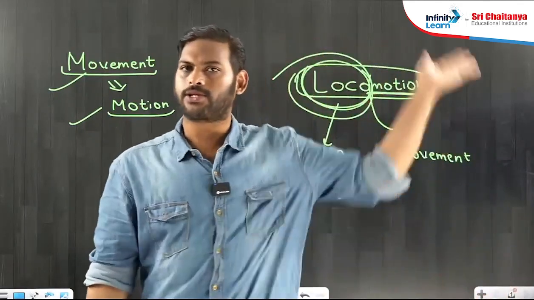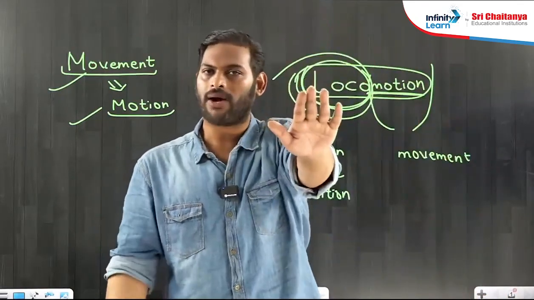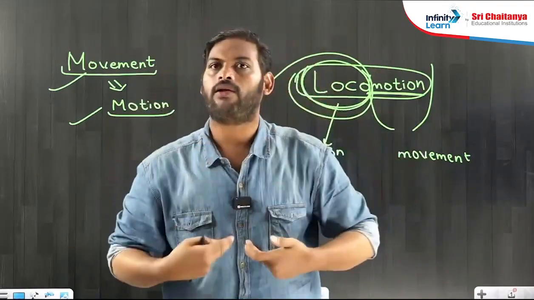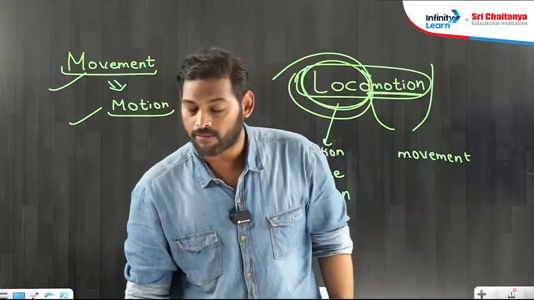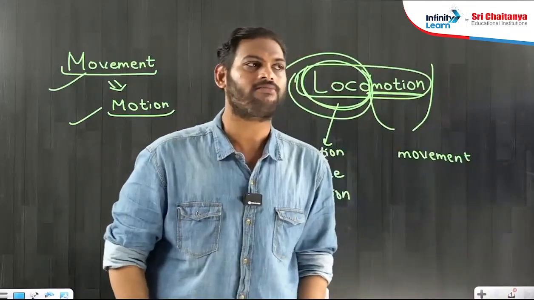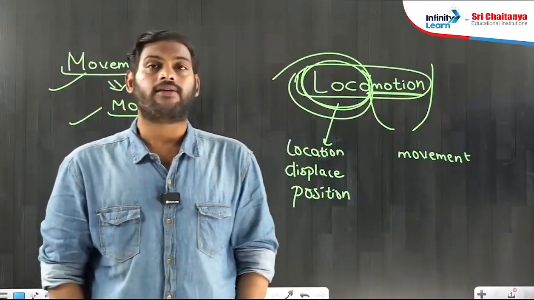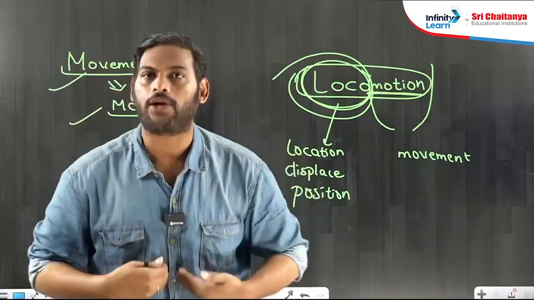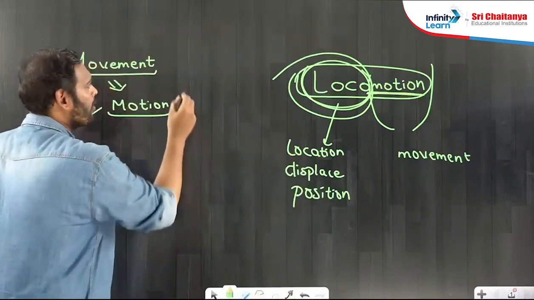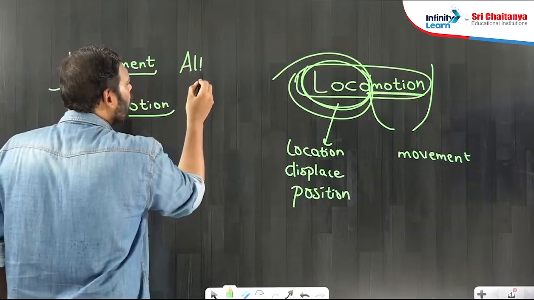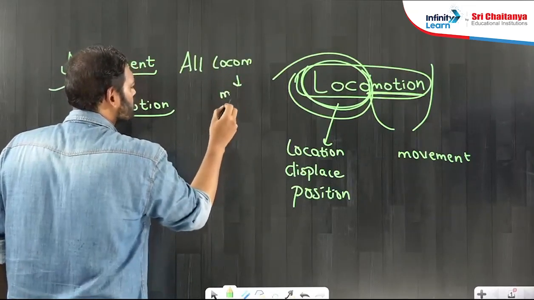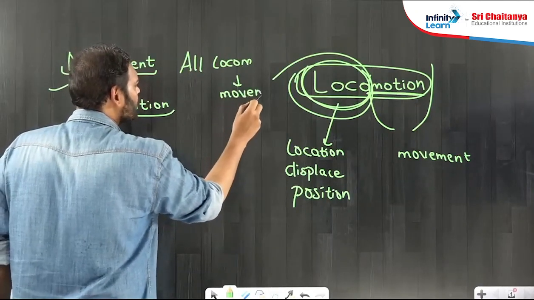See, just a movement, but this waving of the hand does not ensure whole body displacement, right? But if I move my hind limbs, legs, these legs are moving as well as changing my location, isn't it? Therefore, one can easily say that all locomotions are movements, isn't it?